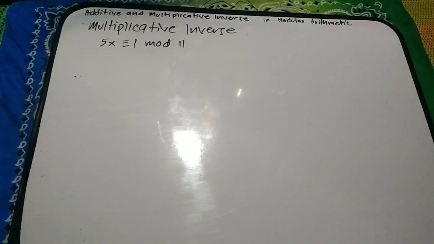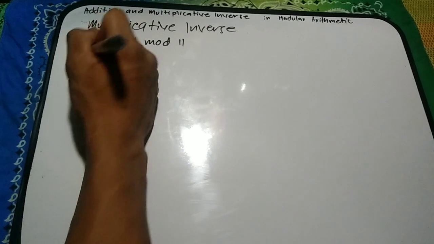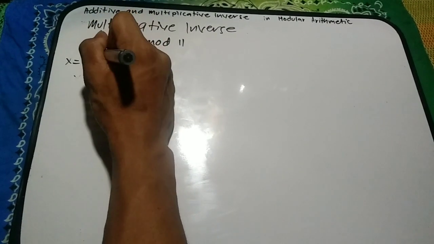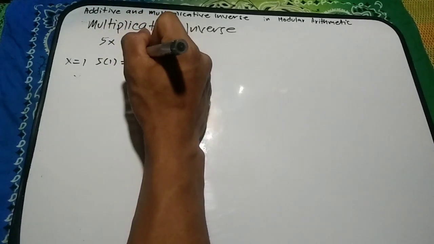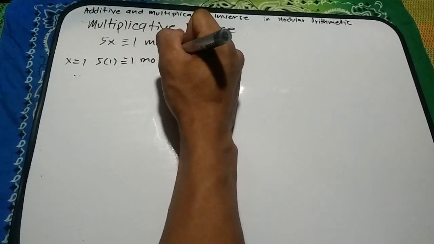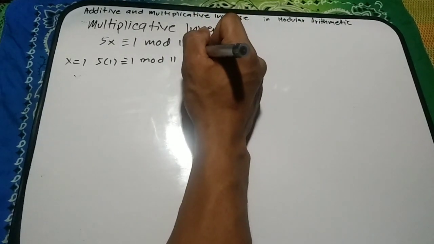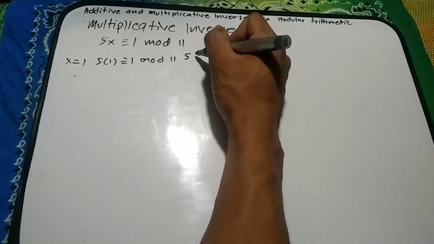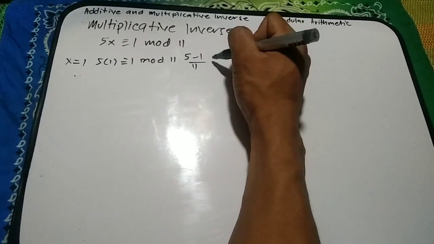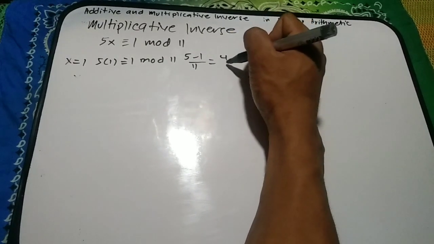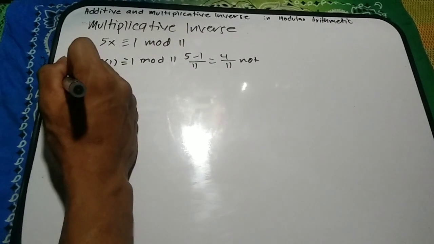If x is equal to 1, 5 times 1 congruent to 1 mod 11. 5 minus 1 over 11 is 4 over 11, so not a solution.